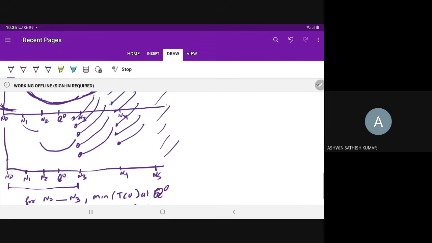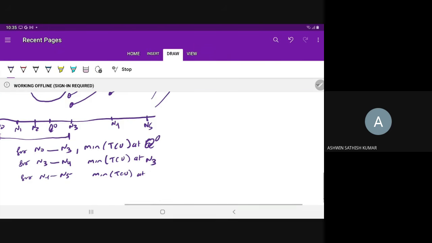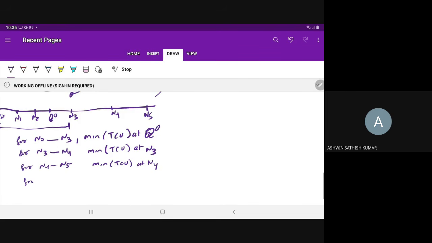It means for N5 onwards, minimum TCU at N5.